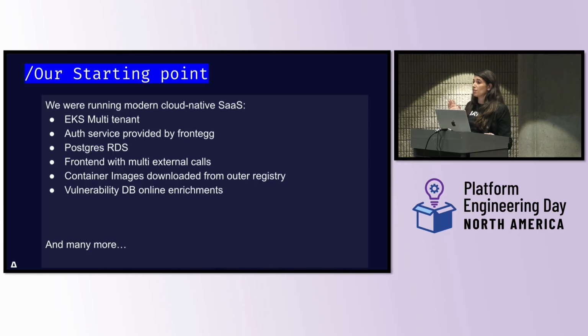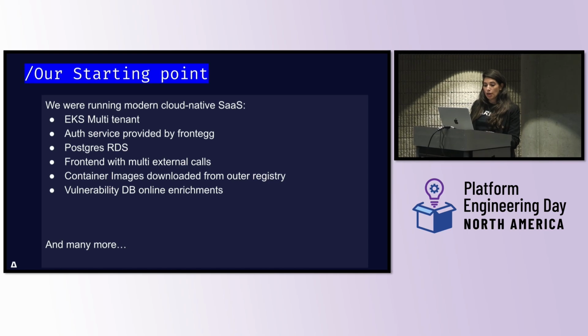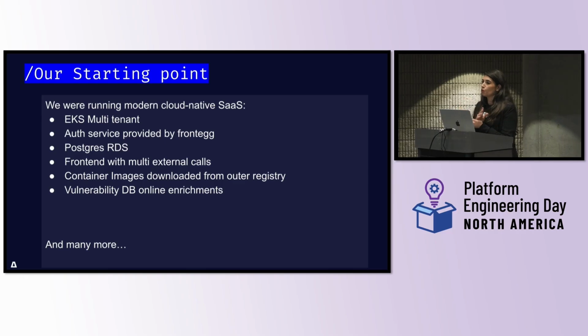We had a Postgres RDS, a managed Postgres service on AWS. And we have a front-end UI with multiple calls to external assets online. We have container images that we pulled and pushed to an external registry. Our pipeline is fully CI/CD, completely. We didn't manage things by hand.